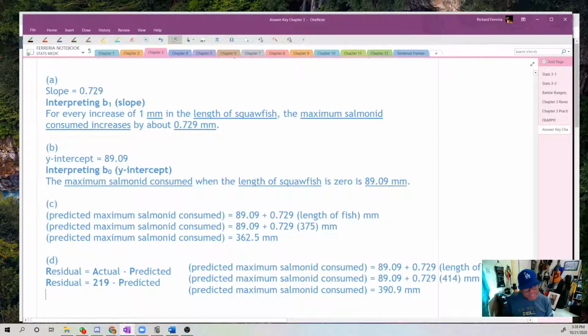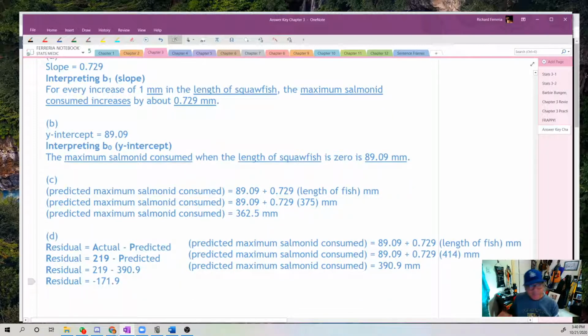Using the same technique that we did in letter C, we predicted that this squawfish is going to consume a salmonid that at maximum is 390 millimeters. Now that we have that, we can put our prediction into our residual equation. That tells us that our residual is negative 171.9 millimeters.